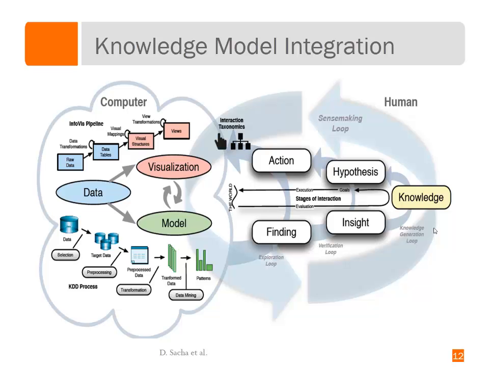You could use either of these models to analyze a data set. And then you could also come back and use the power of each of these in an integrated way to provide the best advantages of each of these processes. And that's what we're looking at in integrated analysis or knowledge model integration.